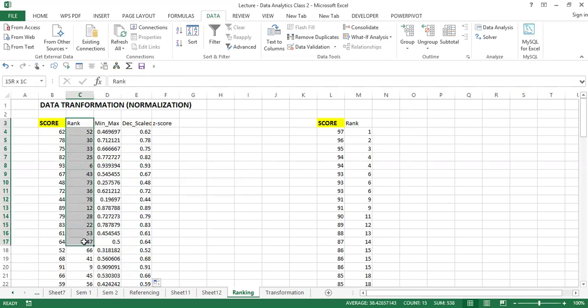That's what ranking does. What you just explained now is ranking. That's a correct explanation of ranking.